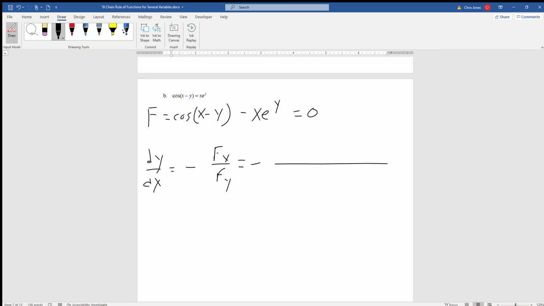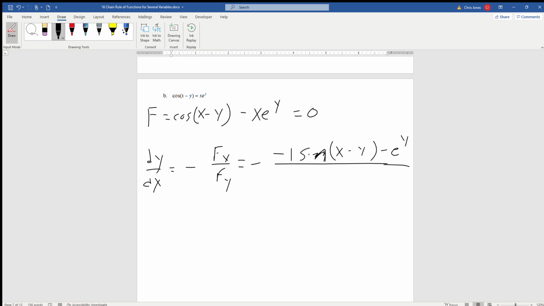So we have derivative of cos is negative sine of (x minus y), and the derivative of the interior with respect to x is 1. I'll clean this up after we're done. And of course we still have that negative x e to the y. That's going to be negative e to the y.